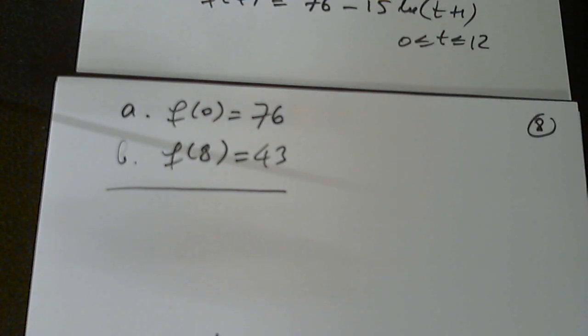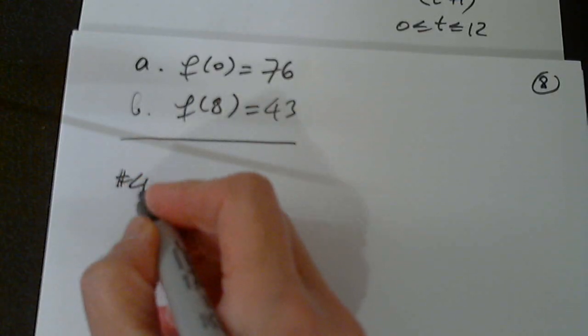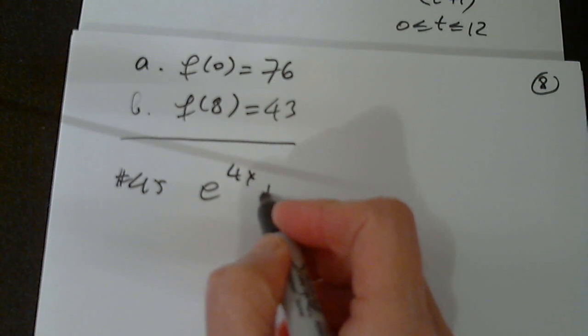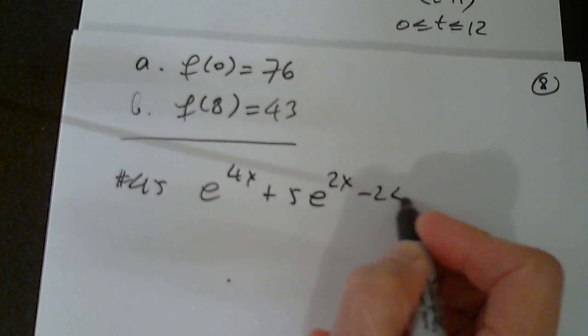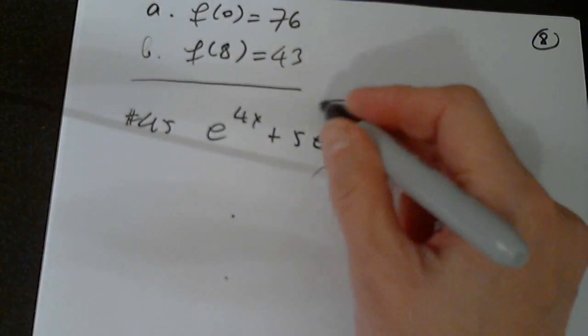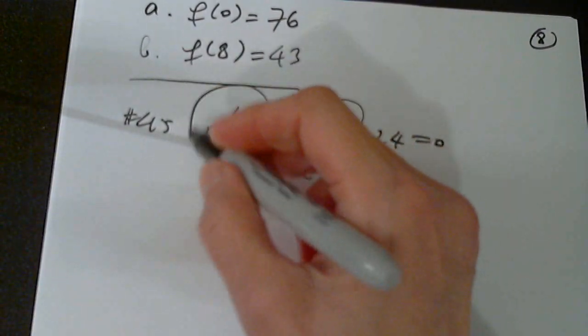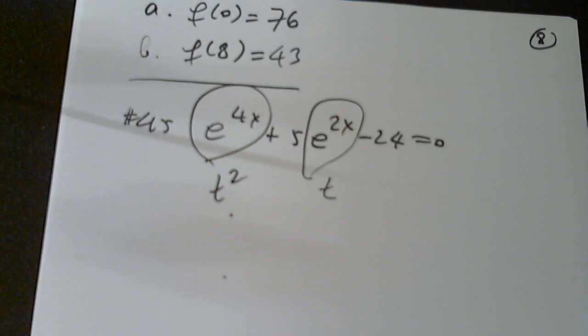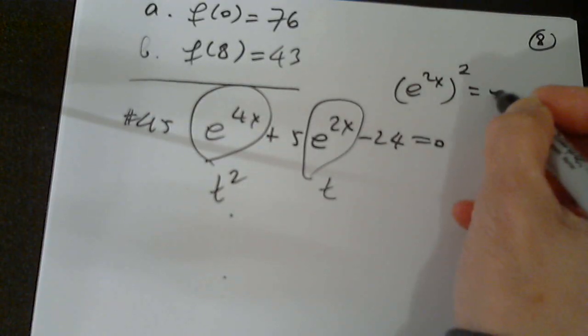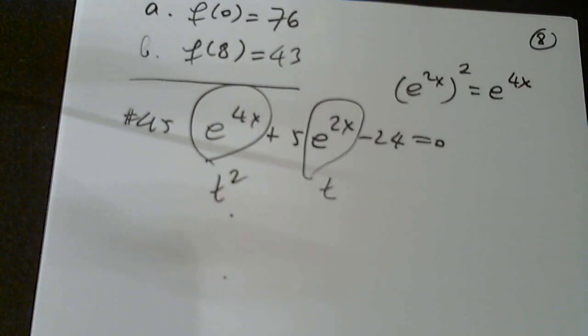Can we start with 45? Yes, of course. 45. We just did a similar problem a second ago with this one. So the trick here is to realize that if we denote this, let's say by t, this happens to be t squared, because if you square e to 2x, you get e to 2x times 2, which is this.